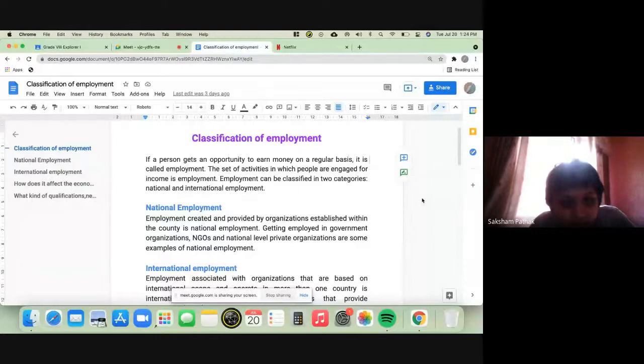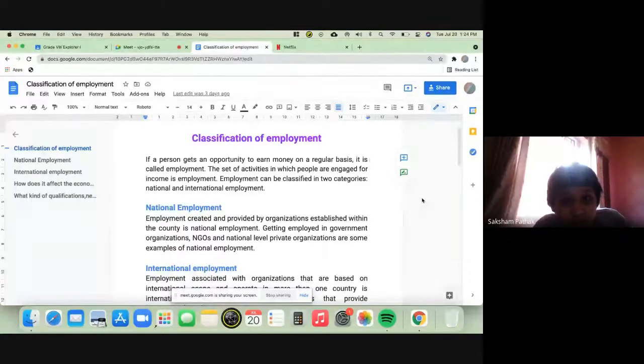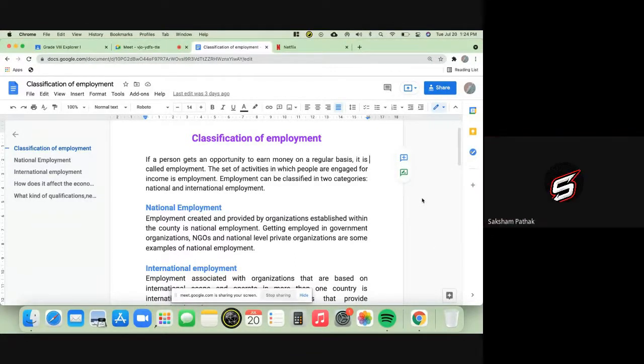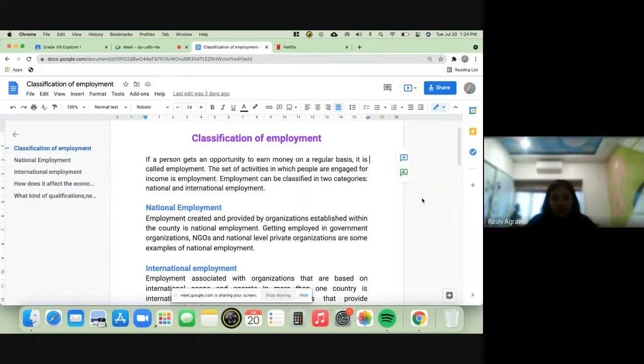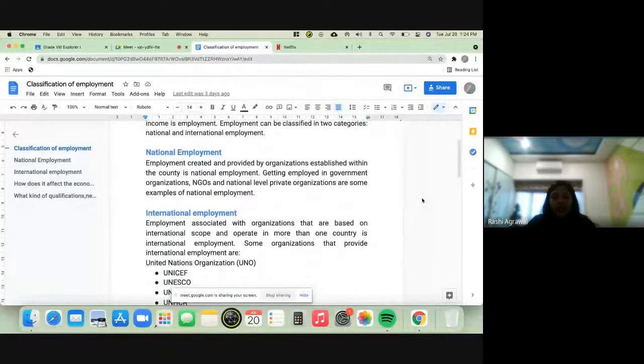Classification of employment. If a person gets an opportunity to earn money on a regular basis, it is called employment. The set of activities in which people are engaged for income is employment. Employment can be classified into two categories: national and international employment. If an employment is created or provided within a country at a national level, it is known as national employment. NGOs and national level private institutions are some examples of national employment.